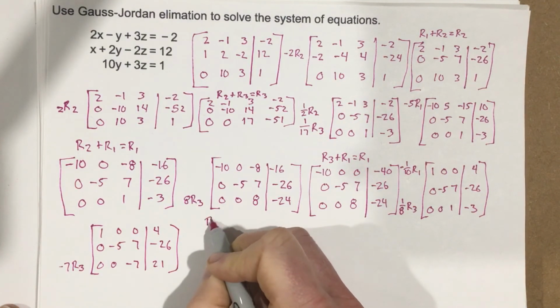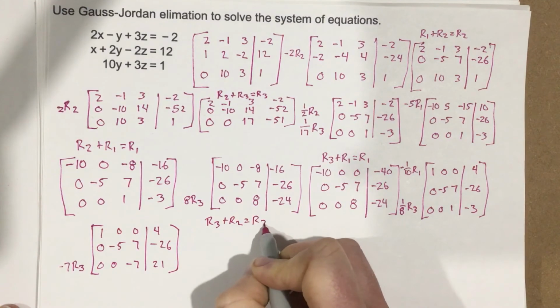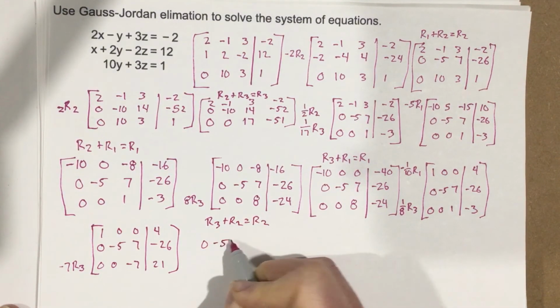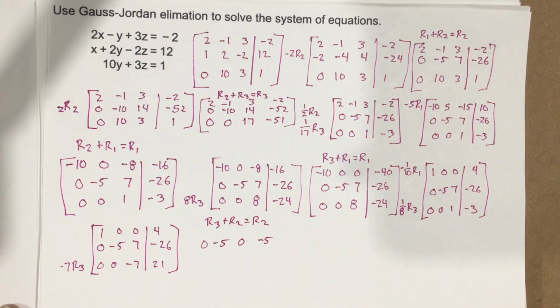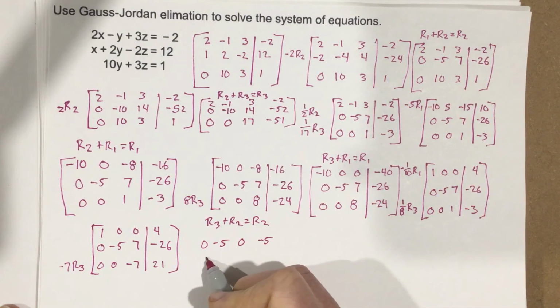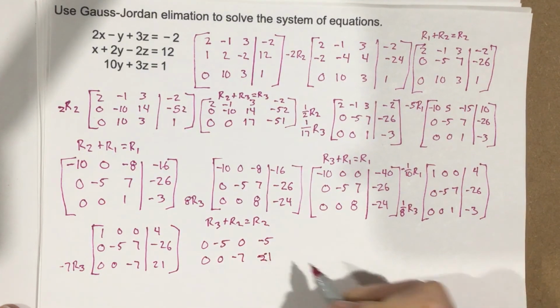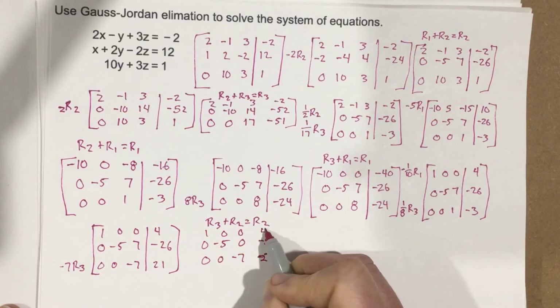We're going to take R3 plus R2, and that equals R2. And we get 0, negative 5, 0, negative 5. We have 0, 0, negative 7, not negative 21, 21 on the bottom. And we have 1, 0, 0, 4 on the top row.